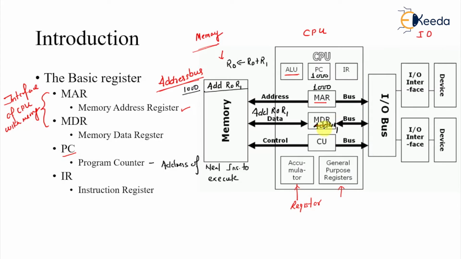Okay, so this is the event, and this is why MAR and MDR are important. Finally this instruction will be loaded into the instruction register for execution purposes. So finally the instruction register will execute that part, and that is your MAR and MDR, memory address register and memory data register.